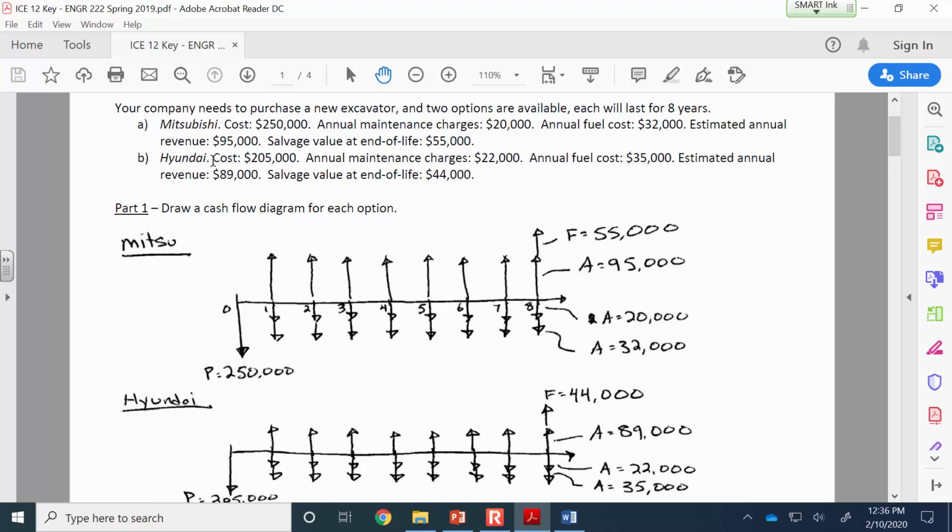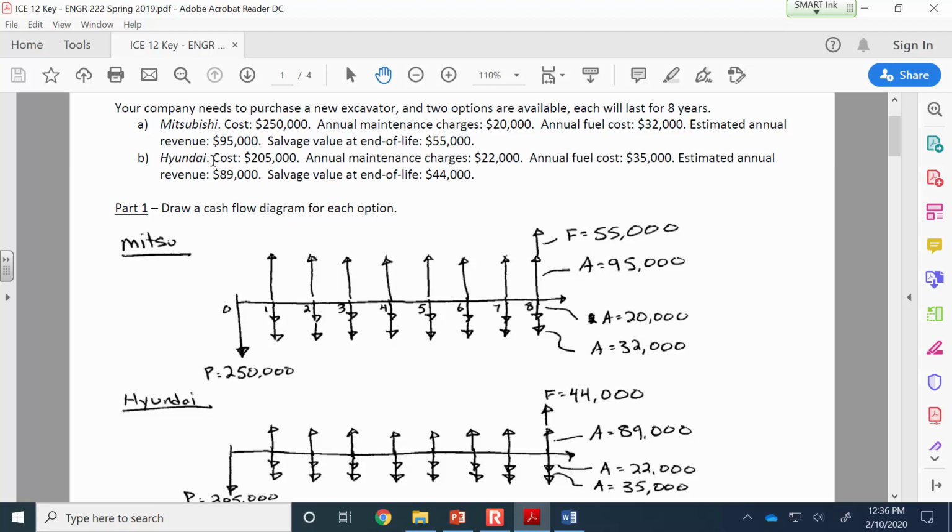So you'll look up the factor for that, multiply it by 43,000, and that tells you the present equivalent. And then you'll also do find P given F, i equals 10% for n equals 8. And that takes this single 55,000 from year 8 to the present.